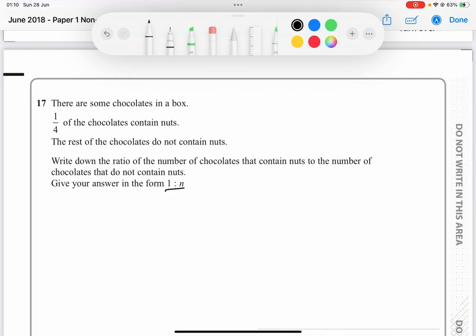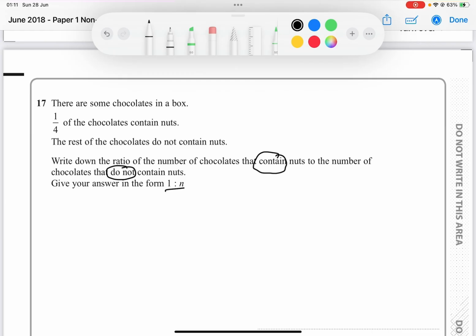Now it's very important when it comes to ratios that you follow the order that they've given. We want the number of chocolates that contain nuts to do not contain nuts, okay?